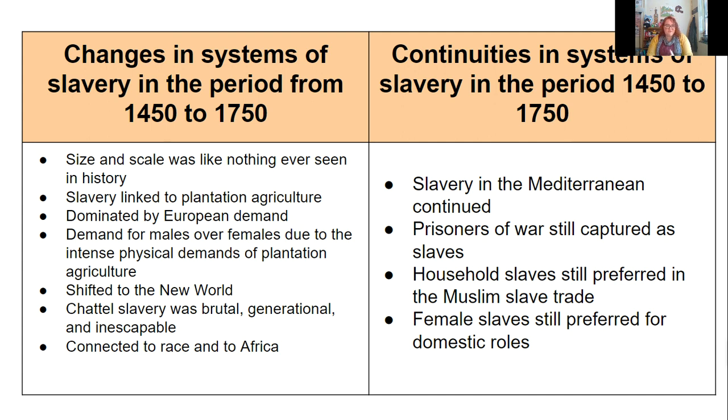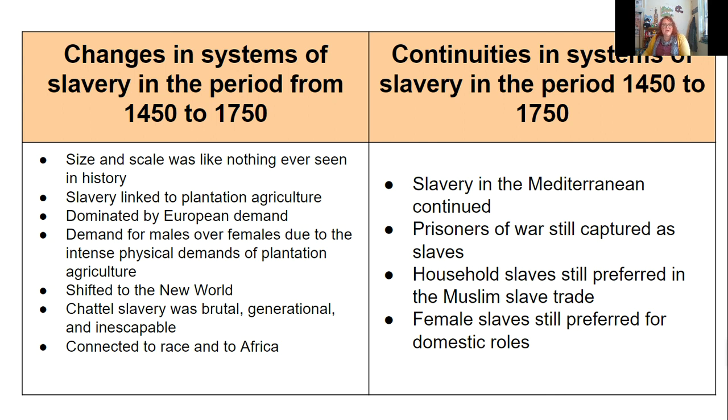It also shifted to the New World. You started to see slavery change from a system where freedom is possible to chattel slavery, which was brutal, generational, and inescapable. And for the first time, people started to really view color of skin and race, linking it to a superiority based off of skin color.